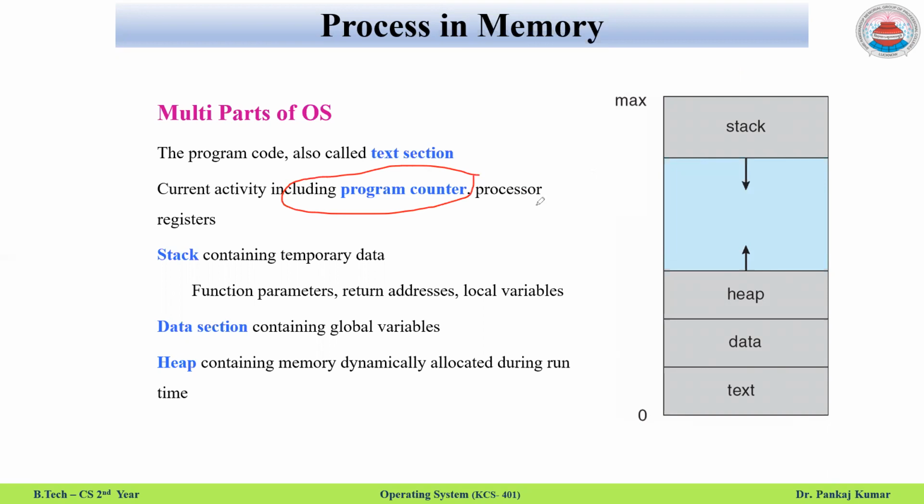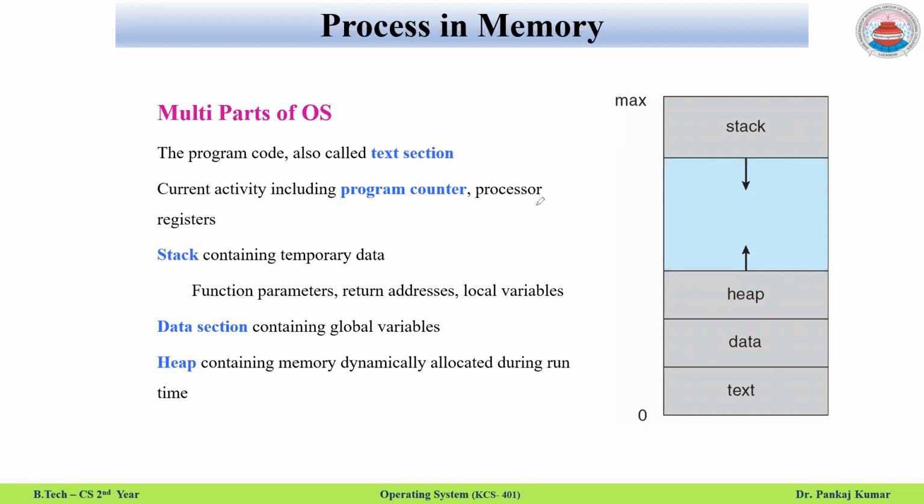It means that when a process is running, the process itself tells what the next instruction to be executed is, because in a running process there are multiple instructions, of which a single instruction is executing.